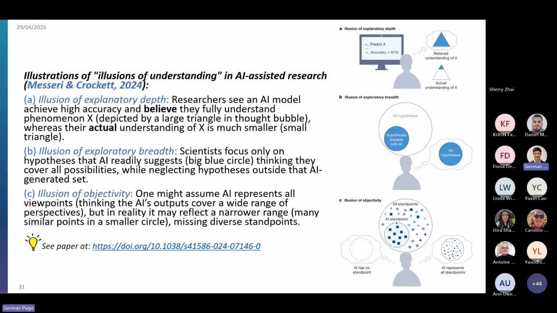Or objectivity, right? We have these AI standpoints of individuals or groups, like more Western cultures or whatever, that AI has taken that standpoint. That's all the standpoints, but actually we've got a whole bunch outside of that as well. So go check out the paper, go into much more depth. I just wanted to show these really good images, I thought.